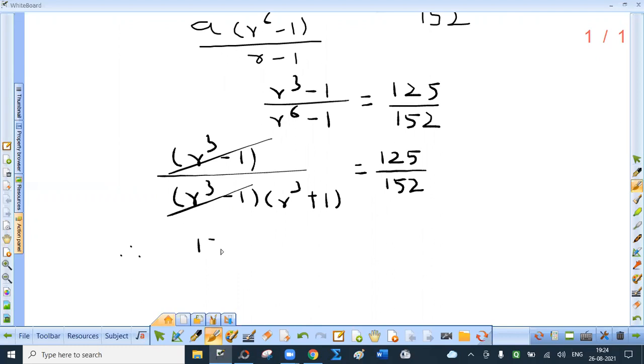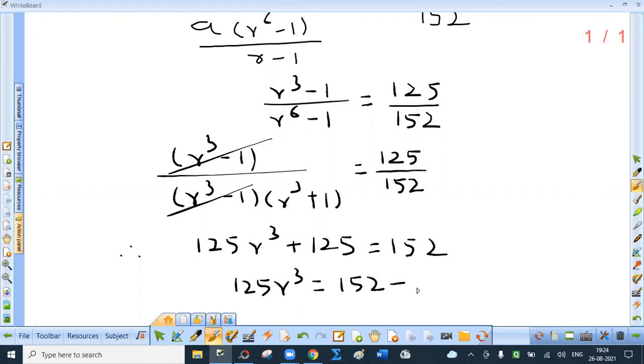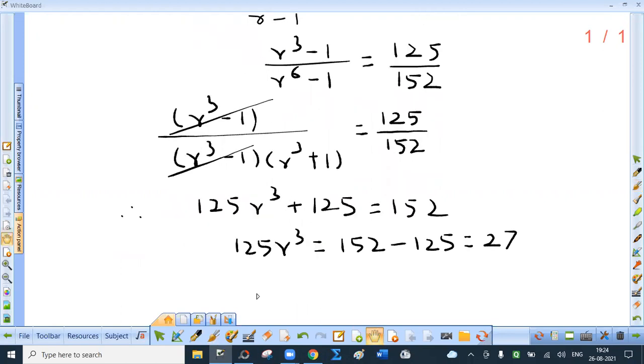So 125 R cube, cross multiply. See what is important, solving an equation. So 125 R cube, 152 less 125, that is 27. So R cube is 27 by 125. So what is R? Take cube roots. Don't say plus minus, only plus 3 upon 5.